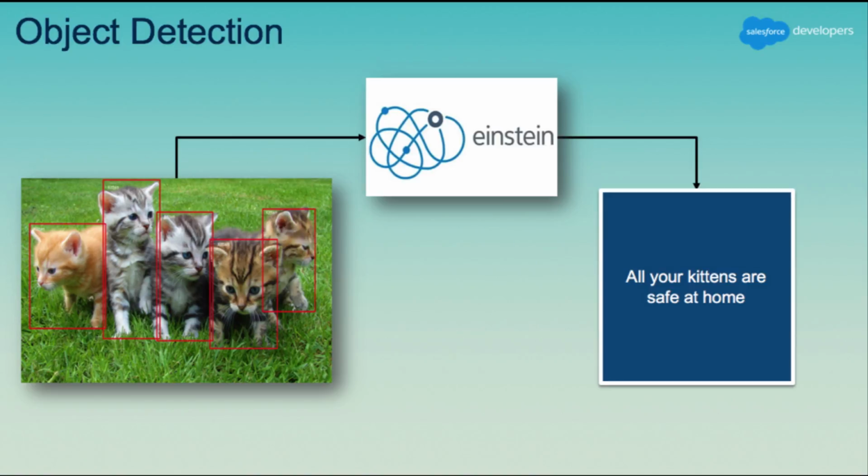So I'm making it sound very simple. Of course there will be a lot of data sets and process involved, but object detection APIs enable you to do that, so you don't really have to go into the background and figure out how the algorithms work and how that training will happen. You don't have to worry about it. All you have to worry about is the data set and invoking the right APIs.